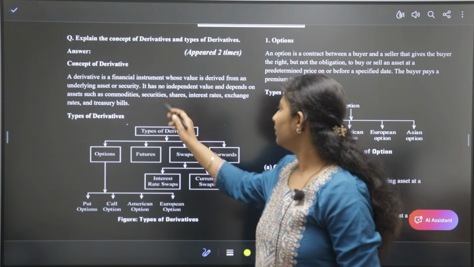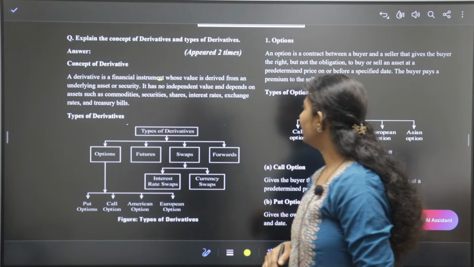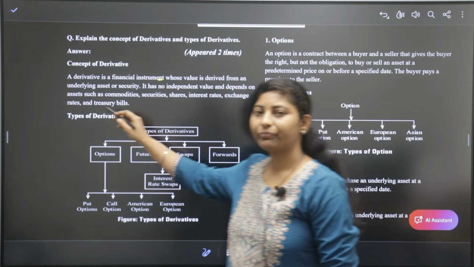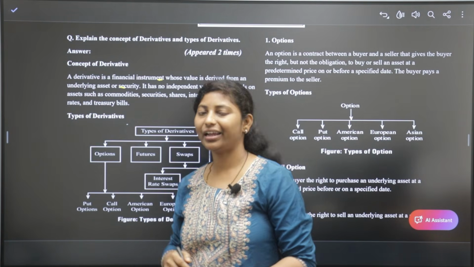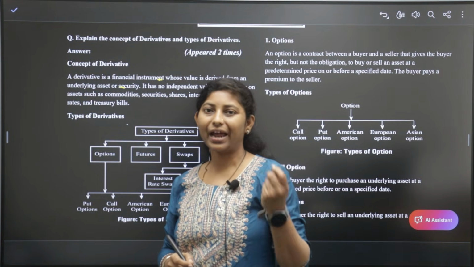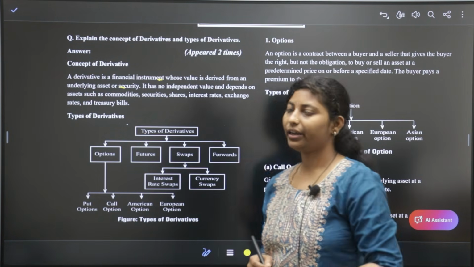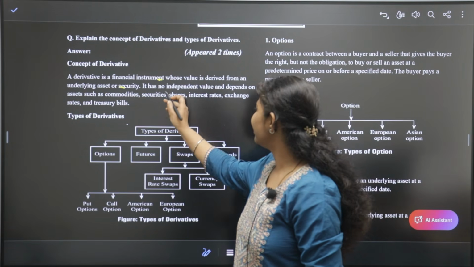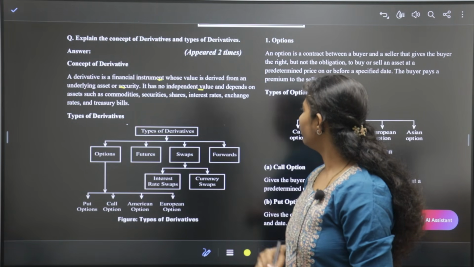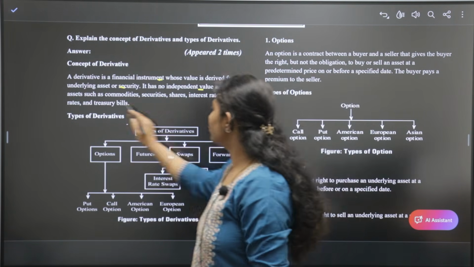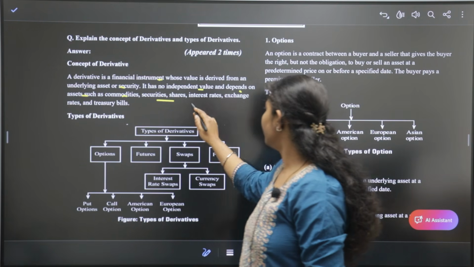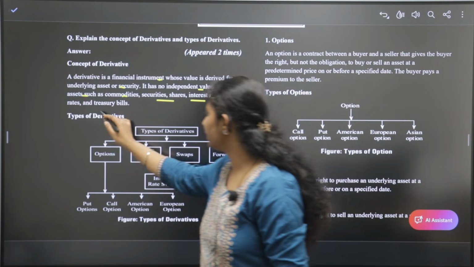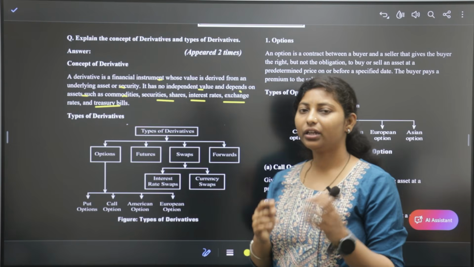A derivative is nothing but a financial instrument whose value is derived from your underlying assets and securities. An underlying asset is nothing but, for example, the price of the current share in the market. It also has an independent value and depends on assets, commodities, securities, shares, interest rate, exchange rate and treasury bills.